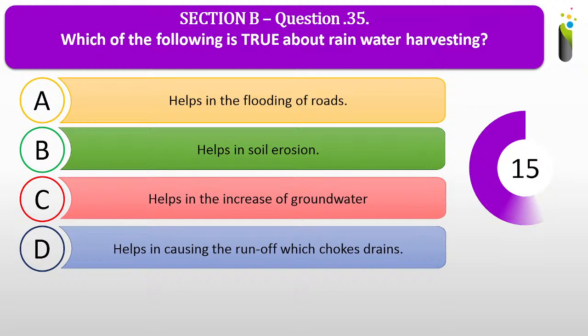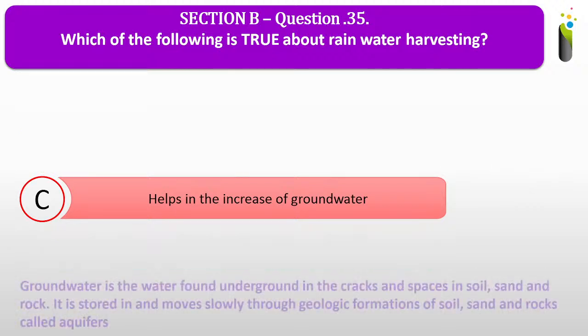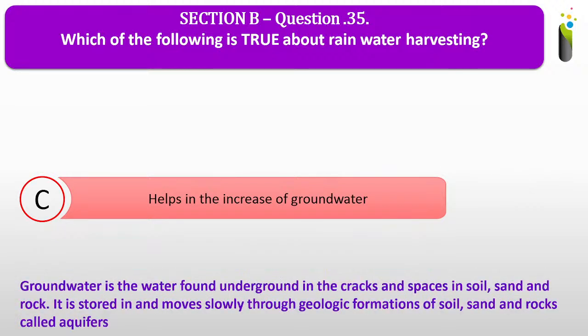So, what is true about rainwater harvesting? And the correct answer is C. It helps in the increase of groundwater.